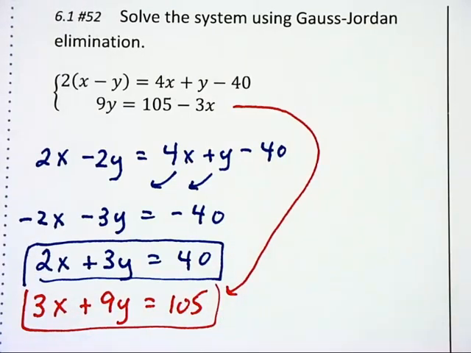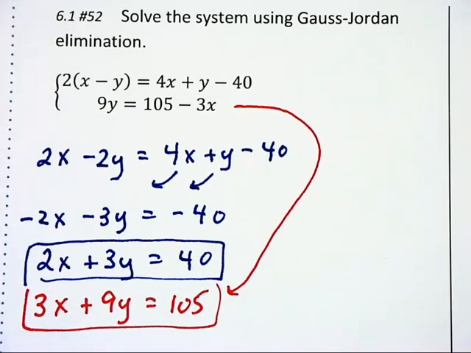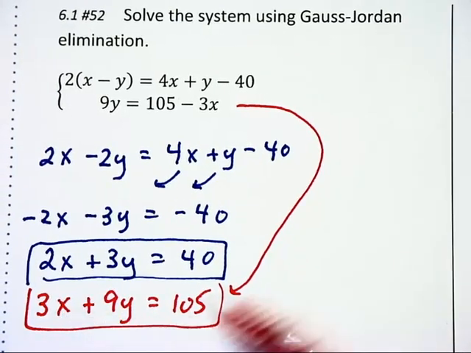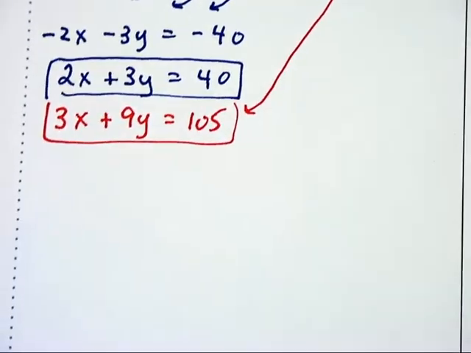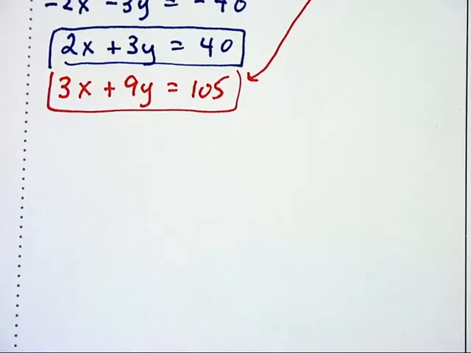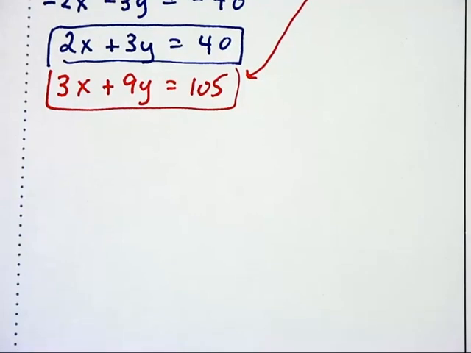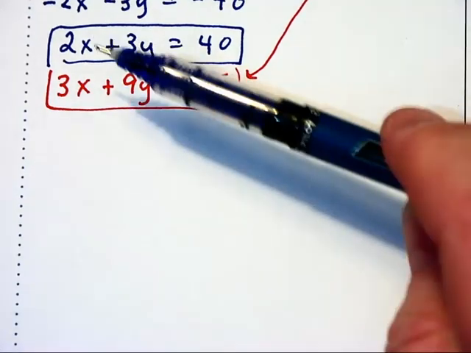Now I could work with that as my third equation, or I could make it smaller because I noticed that 3 goes into all three of those, and I can divide through by 3, but let's save that for the next step. We need to write this as an augmented matrix, and I really would like to have a 1 in the top left corner.